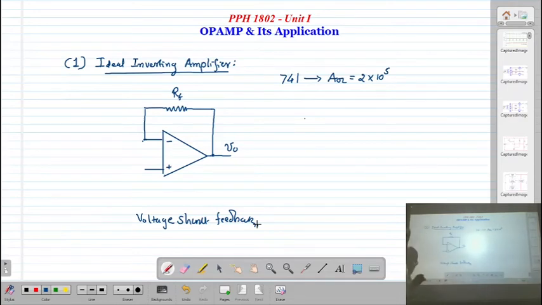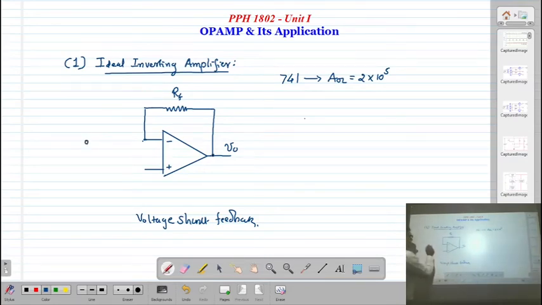So by applying a negative feedback, and why is it a negative feedback? Because here the phase difference between the input and the output is 180 degree, so it is providing a negative feedback. And by changing the value of RF, you can change the feedback factor. Now, when you are talking about the inverting amplifier, then we have to give the signal to an inverting terminal of the operational amplifier. So how can we apply that?